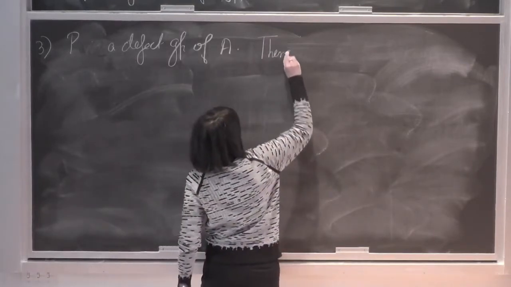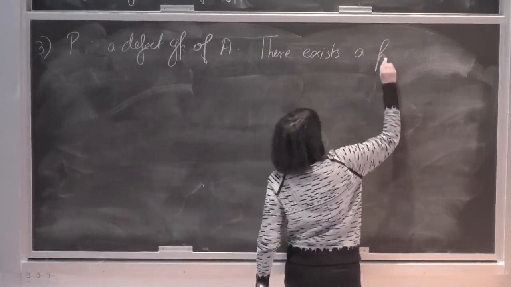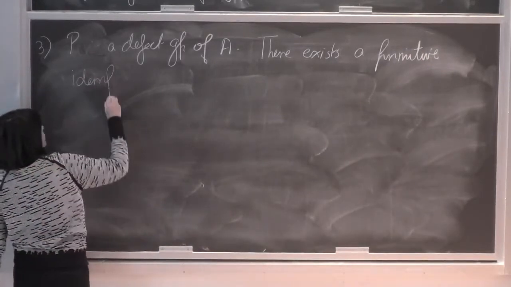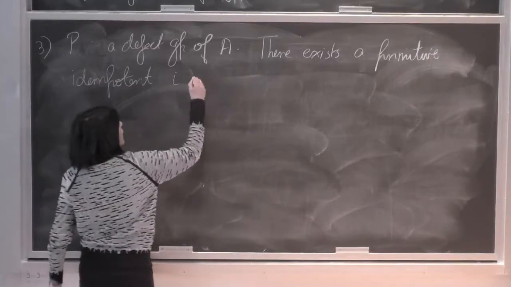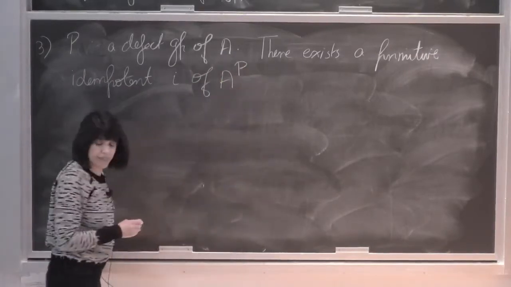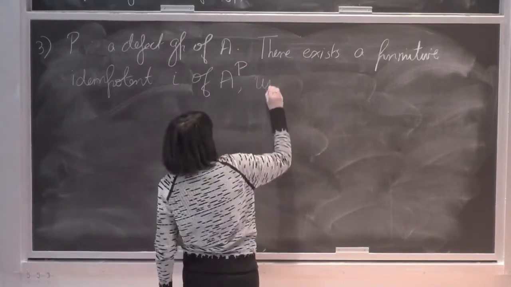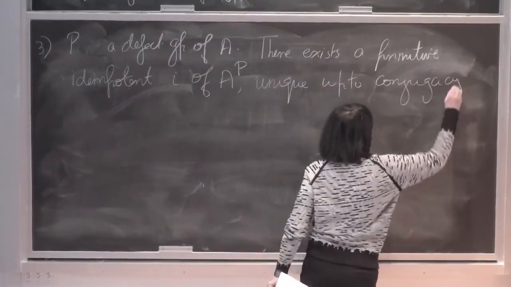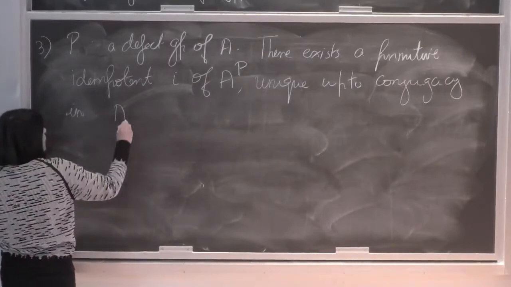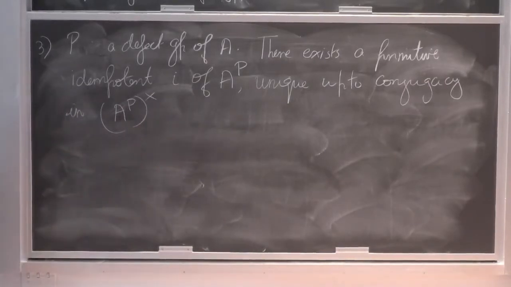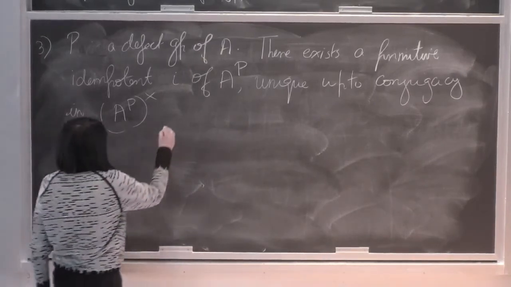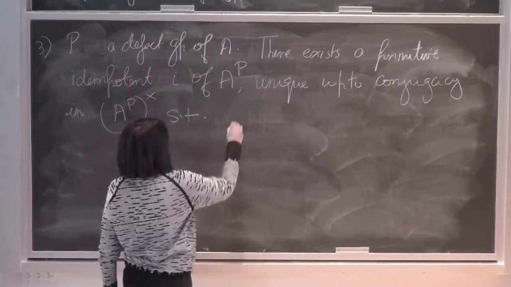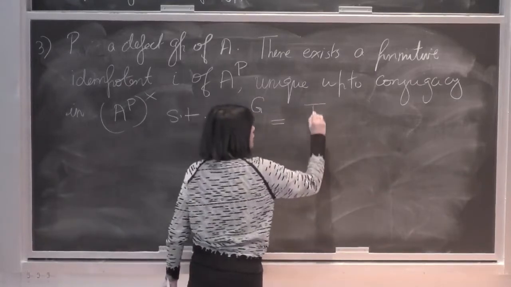So there exists a primitive idempotent I in this algebra AP, which is unique up to conjugacy in the group of units of AP, such that in fact you can get AG.